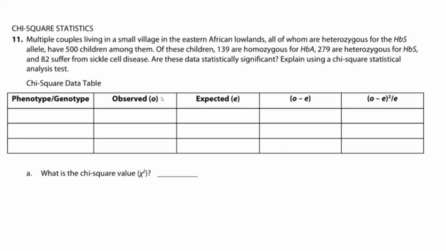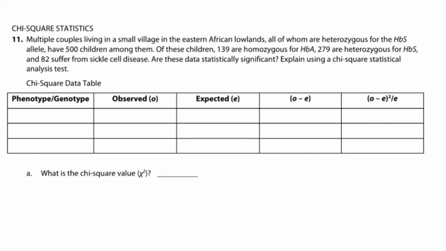So let me show you how I would set this up. 500 total. We have 139 that are HH, 279 that are H little h, and little h little h are 82.